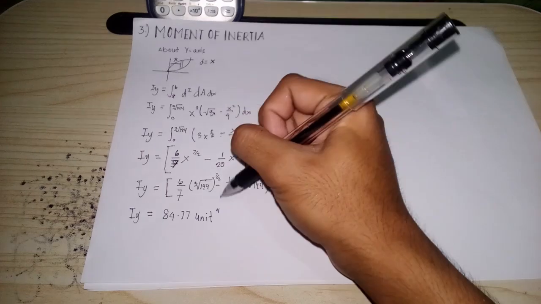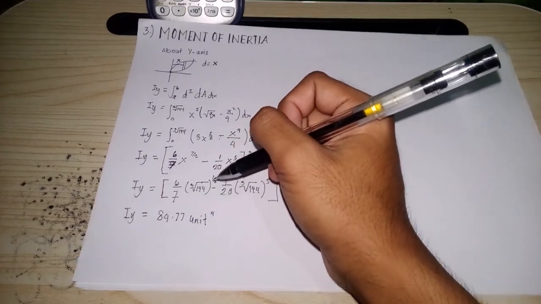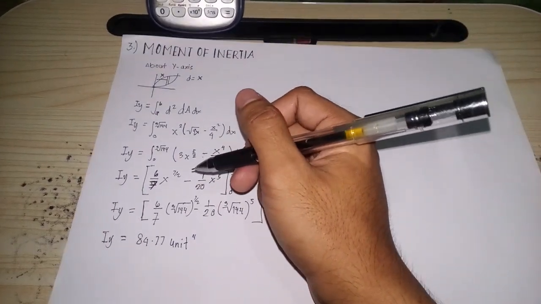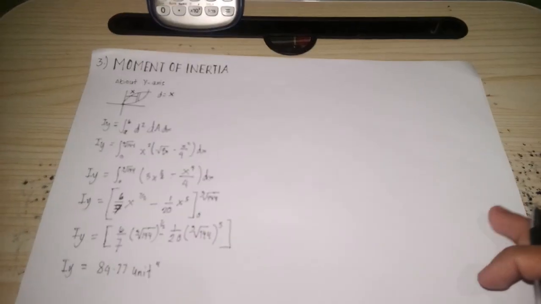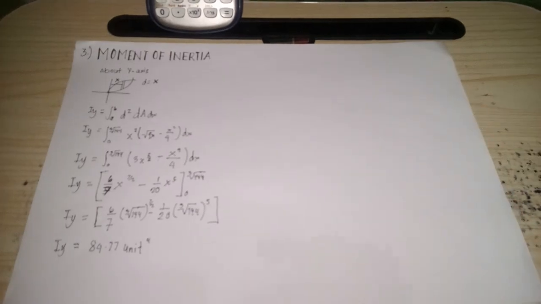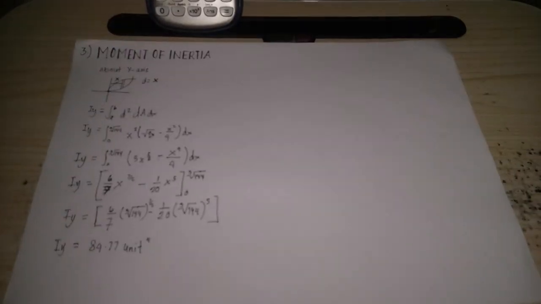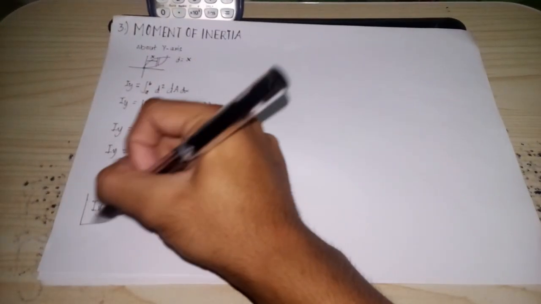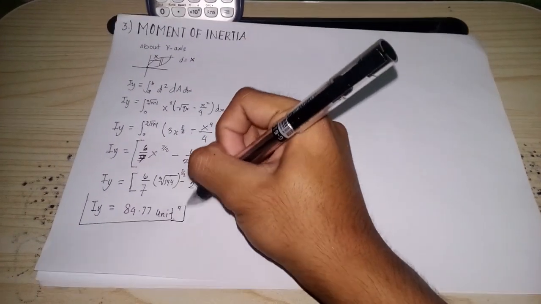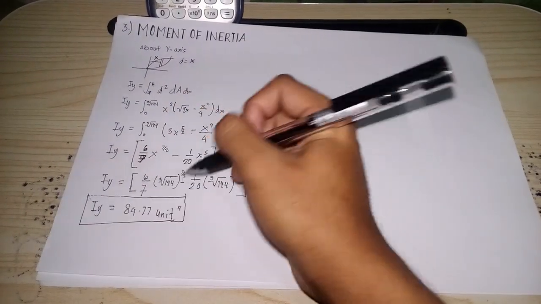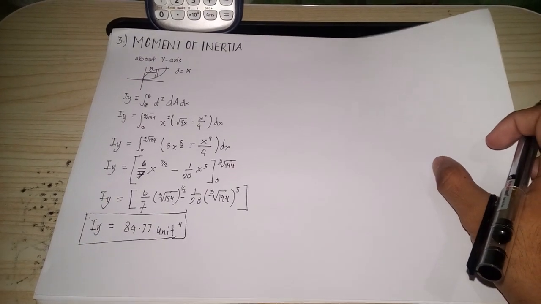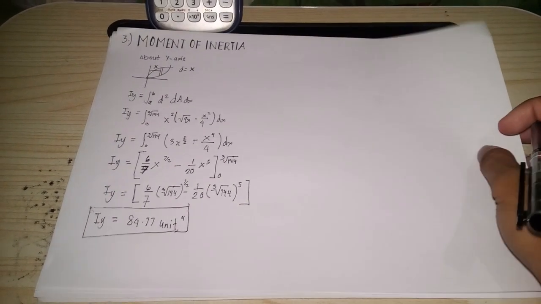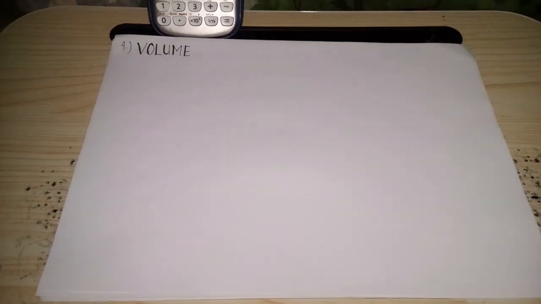So this is in length unit that is raised to the 4th power, or that is in the power of 4. So now this is our answer for the inertia about the y-axis.